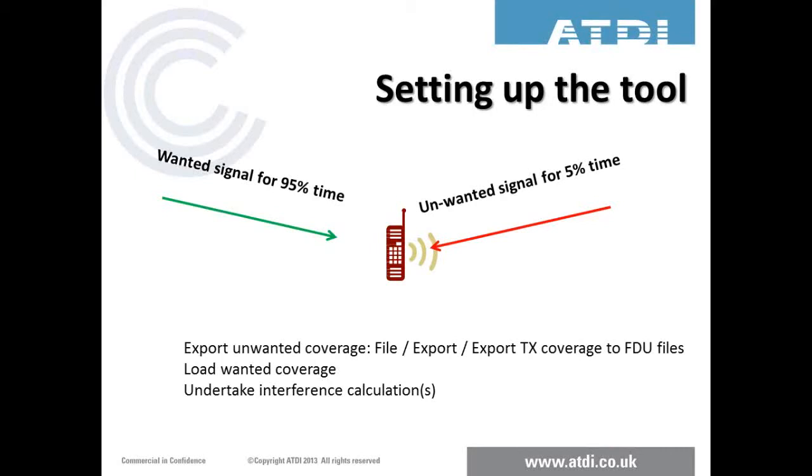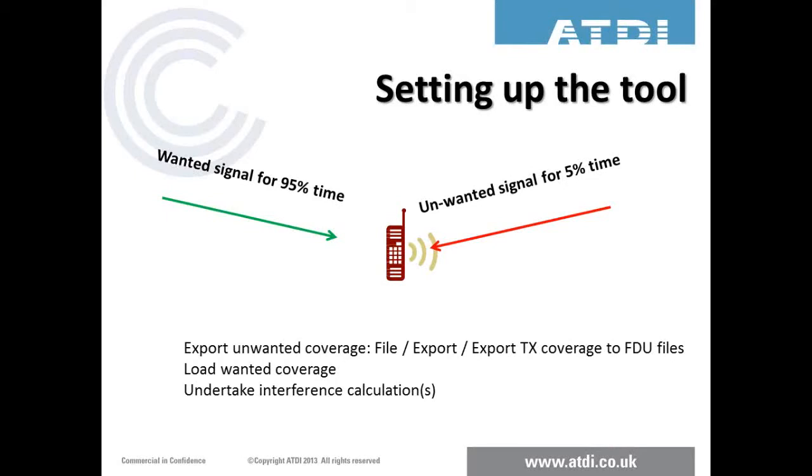In the real world, we would ideally like to be able to use the 95% time to model our wanted coverage, and the 5% time to model our interferer or our unwanted coverage. The planning tools can do this, and what we need to do is we need to do 2 sets of coverage predictions.